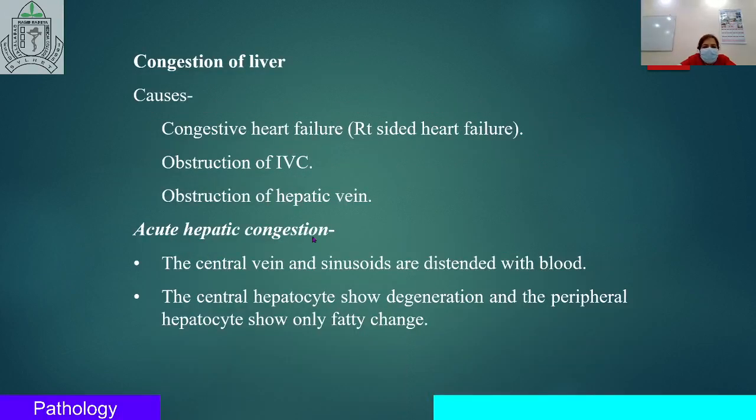In acute hepatic congestion, there is also engorgement of the central vein and sinusoid by deoxygenated blood, and the central hepatocytes undergo necrosis or irreversible cell injury, and the peripheral hepatocytes undergo reversible cell injury, as they are supplied by the portal triad, where blood supply is not totally obstructed.